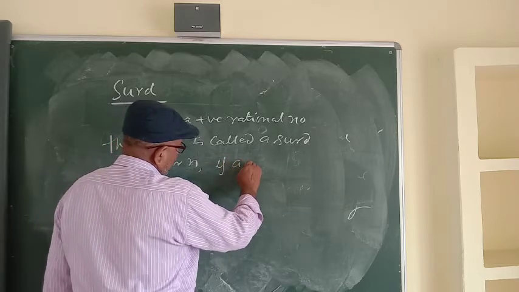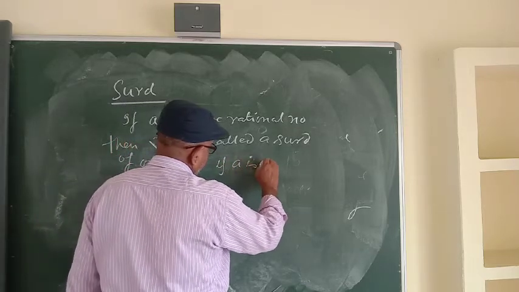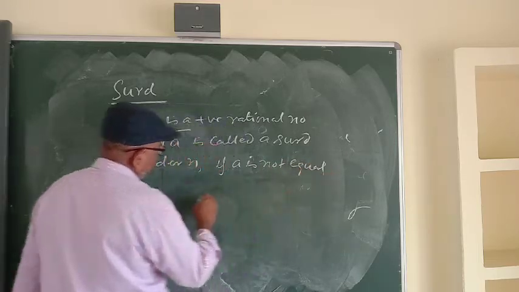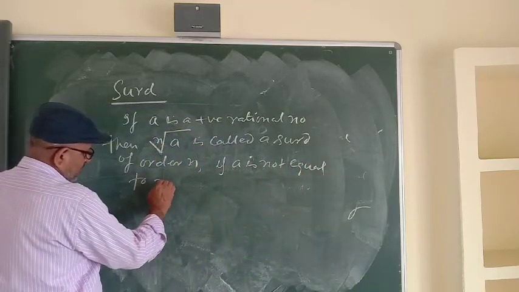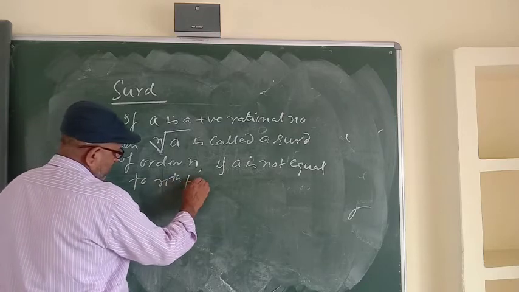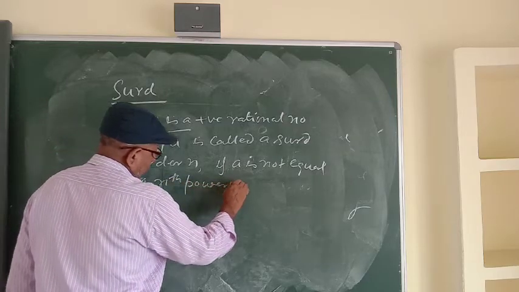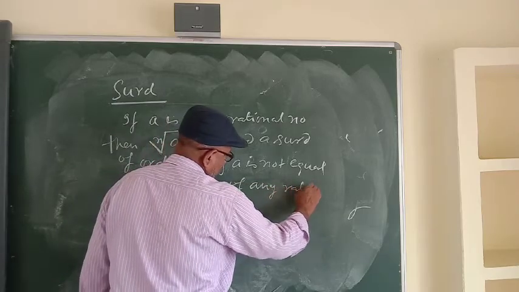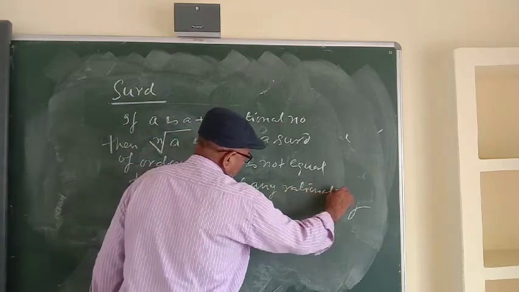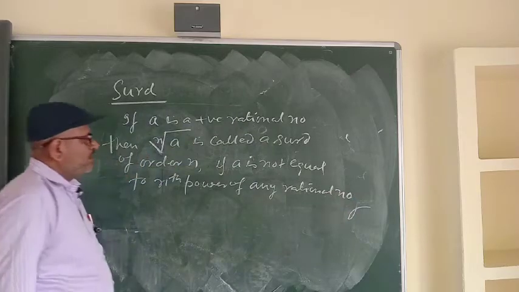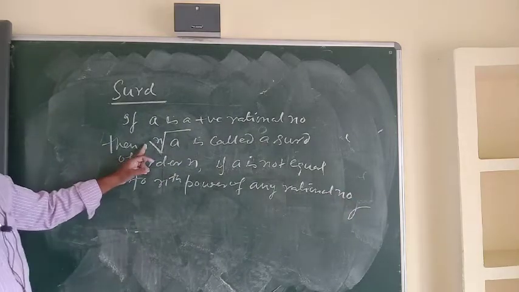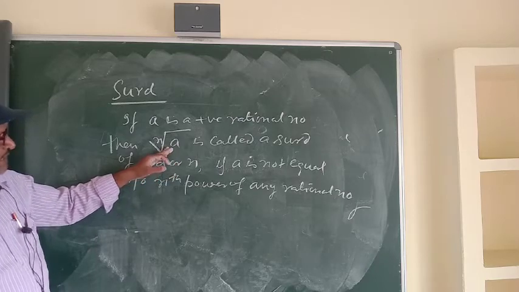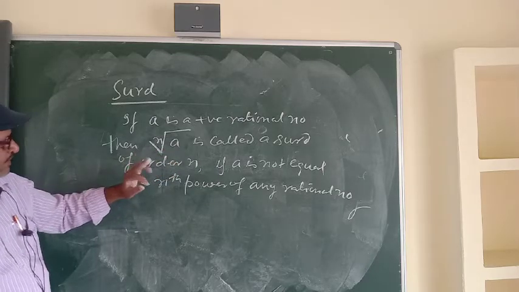So what is a surd? The nth root of a is called a surd if a is not equal to the nth power of any rational number, that is, if we cannot take the nth root of a.